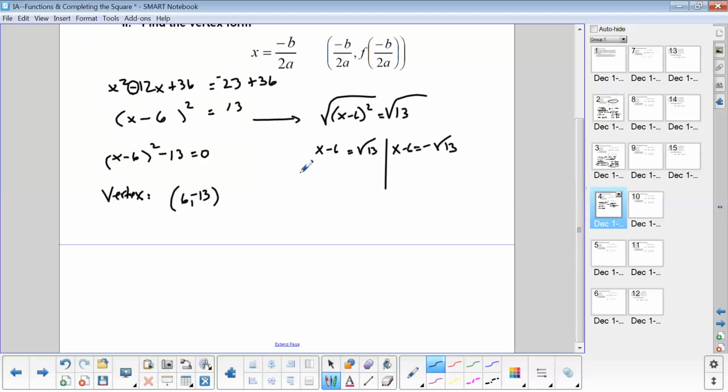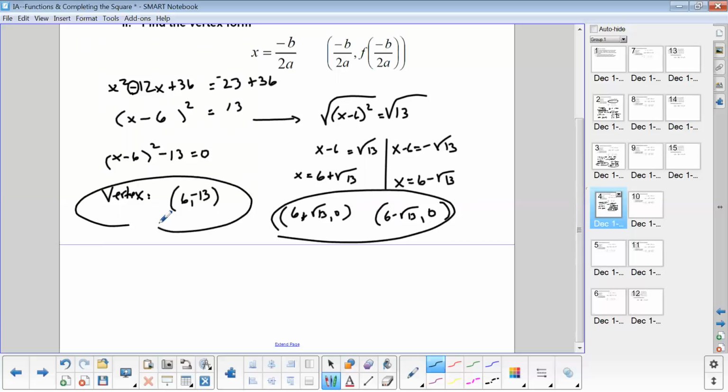So I'm going to add 6, and I'm going to get 6 plus the square root of 13, comma 0 as one solution. And if I add 6 to the other side, I get 6 minus the square root of 13, comma 0. So I've got my solutions and my vertex.